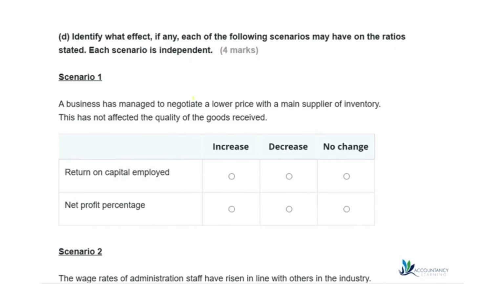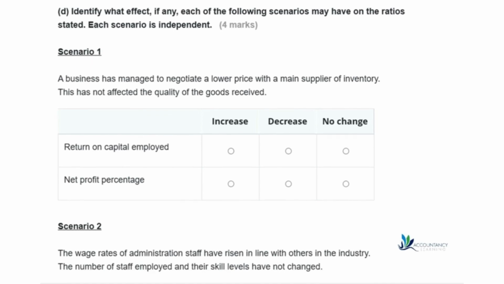Part D, we need to identify what effect, if any, each of the following scenarios may have on the ratios stated. And we're told that each scenario is independent. So a business has managed to negotiate a lower price with a main supplier of inventory, but it hasn't affected the quality of the goods received.